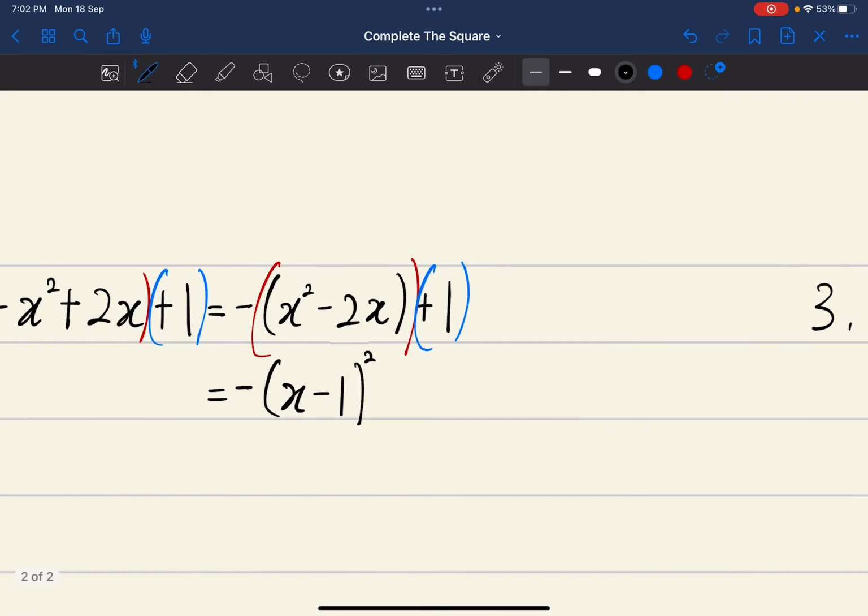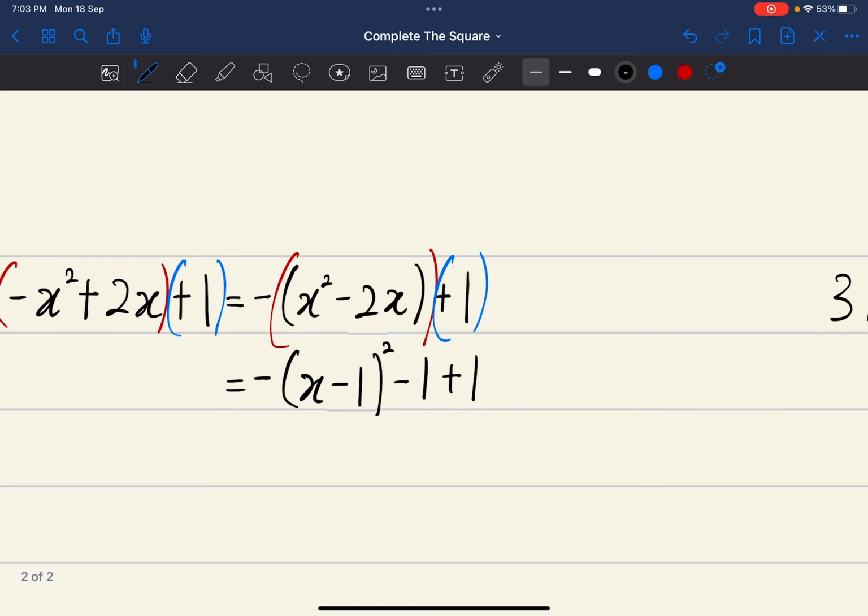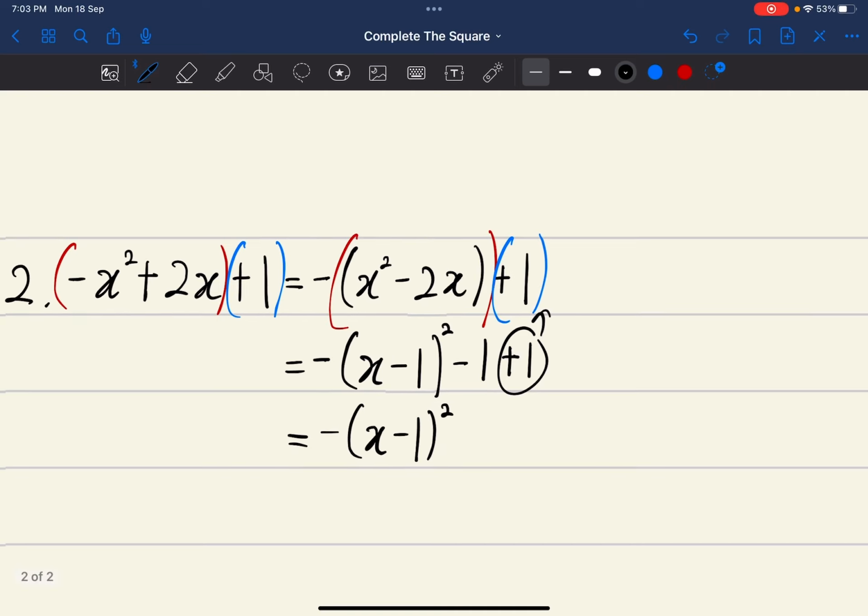Okay, so moving on, the next step is to square this number and multiply it by -1. So when you square this number, what do you get? 1. Multiply it by -1, what do you get? -1. So it's going to be -1 plus 1, right? The plus 1 comes from the blue bracket. So once we complete the square, it's going to be negative (x - 1) squared.